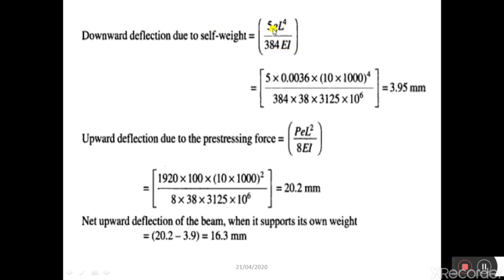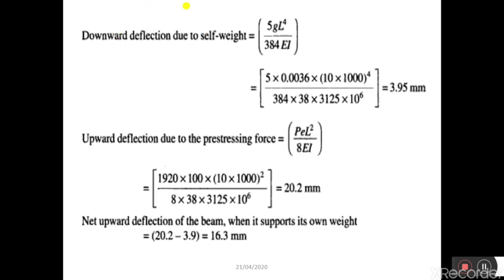G is self weight, so we need to calculate self weight. L is span, EI is rigidity modulus, it is given. And P is the pre-stressing force applied to the cables. So first we should check what data are required to substitute in the formulas, and we should first calculate those data and then substitute in the formula.